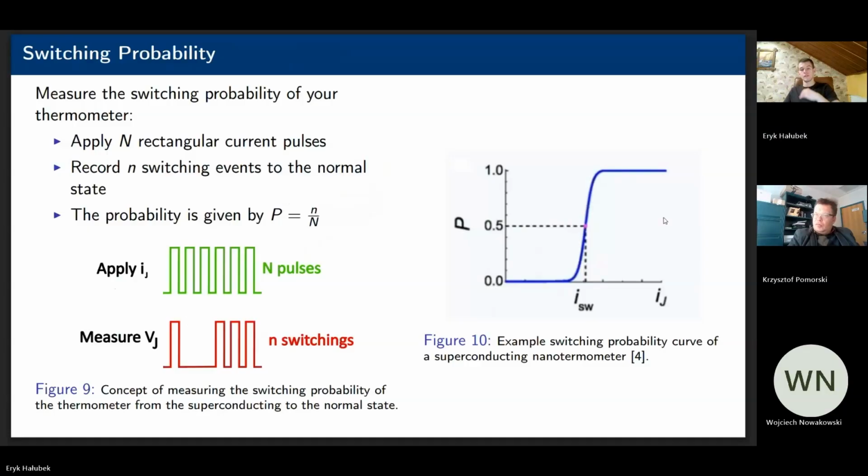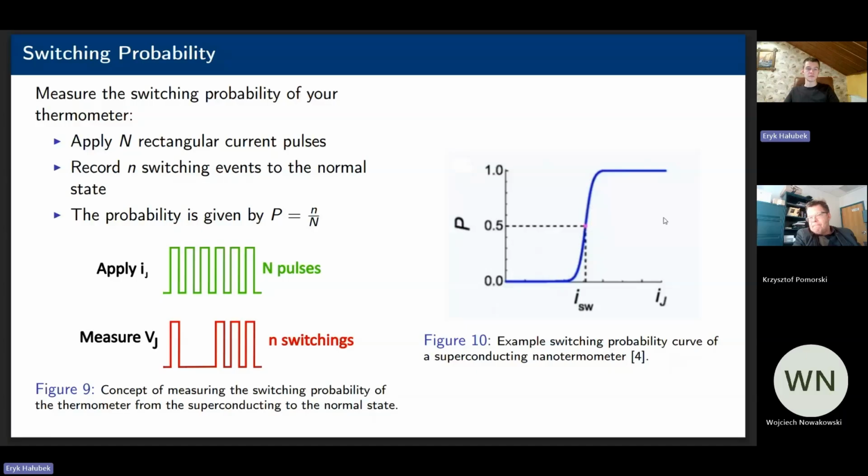So let's say something about how we know that a certain temperature is observed at a certain point of space and time by the nanothermometers.